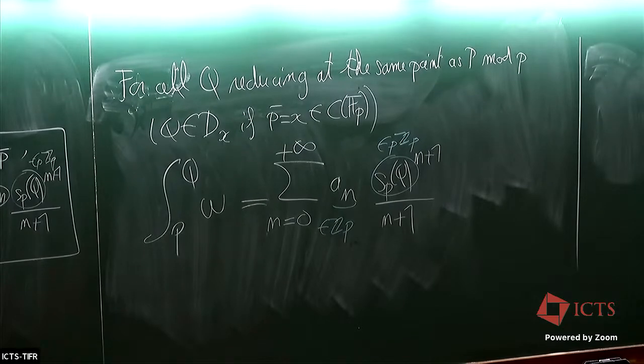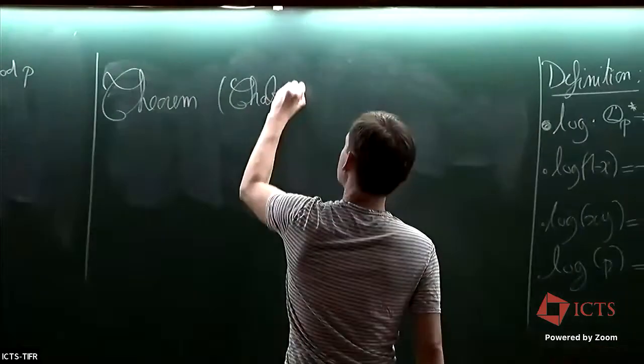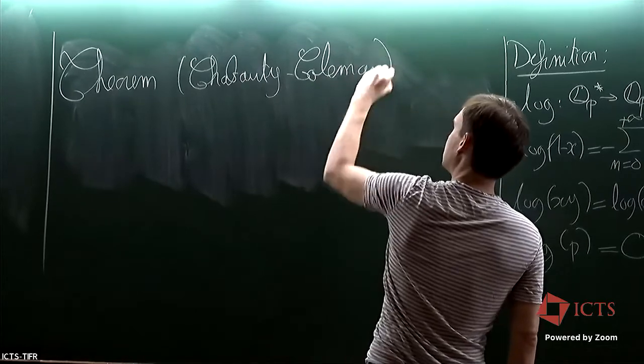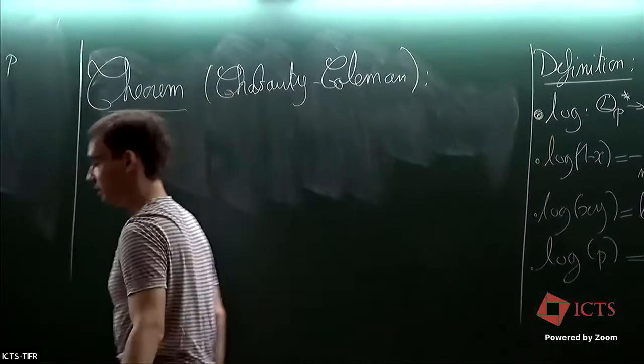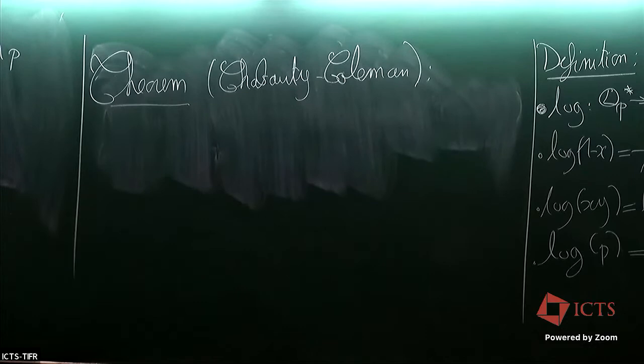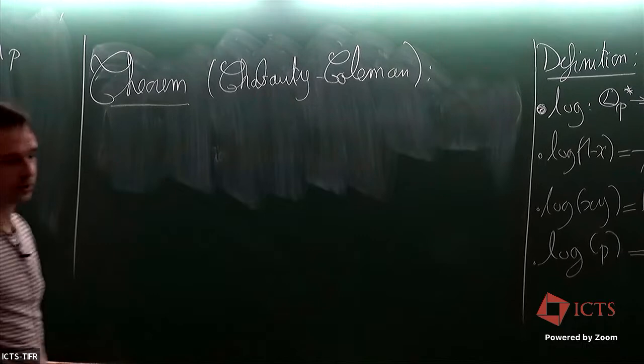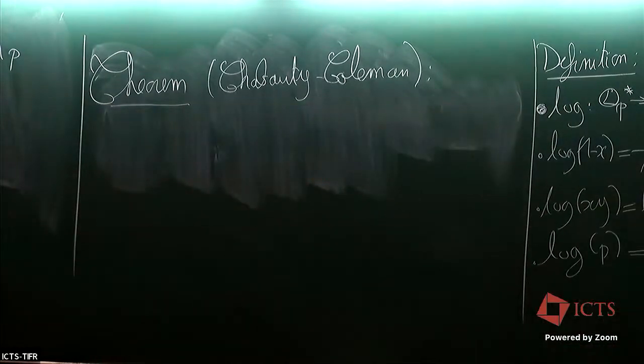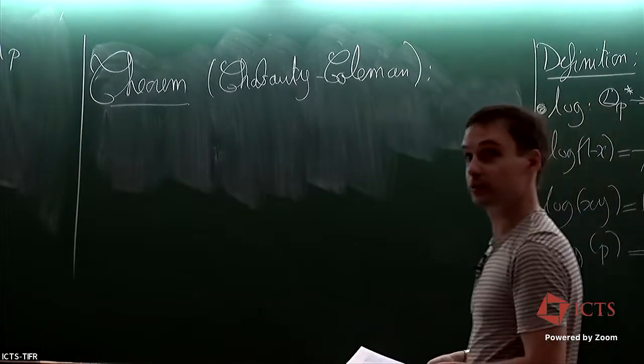So now I can explain the theorem of Chabauty and Coleman. I should be clear, the original version is Chabauty 1941, as I said yesterday. Coleman's version is much later, 1985, and now you know why, because we need p-adic integration to make it work. But it will give something much more explicit.